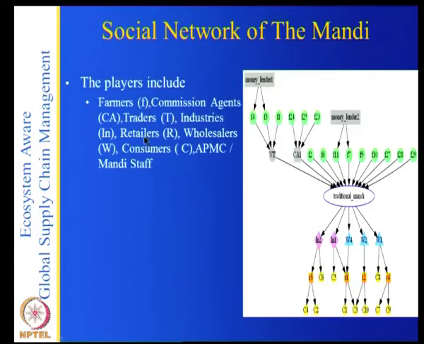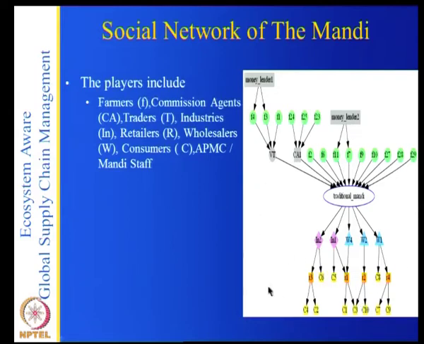So the social network of the Mandi here is, you have a traditional Mandi, and the players include the farmers, and there are commission agents, industries, retailers, wholesalers, consumers, and APMC Mandi staff, and so on.